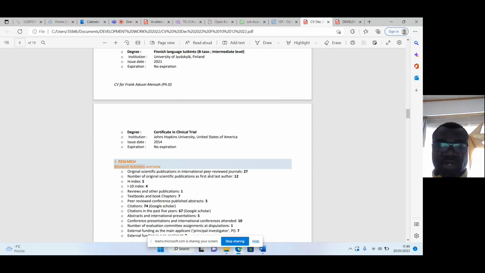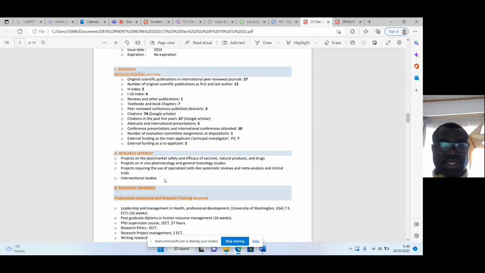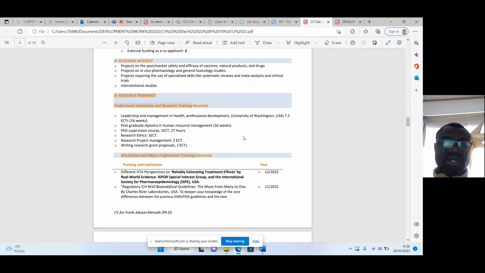So how many publications do you have, and the number of publications you have as first author among all these, and then the H-index, the i10-index, and citations. These are biodata that you can get from, for instance, ResearchGate or Google Scholar, and so you can just list them. So this is more or less like a summary of your research experience and research activities.